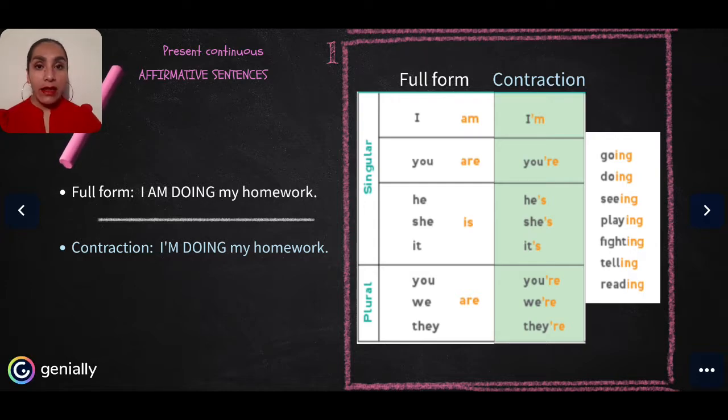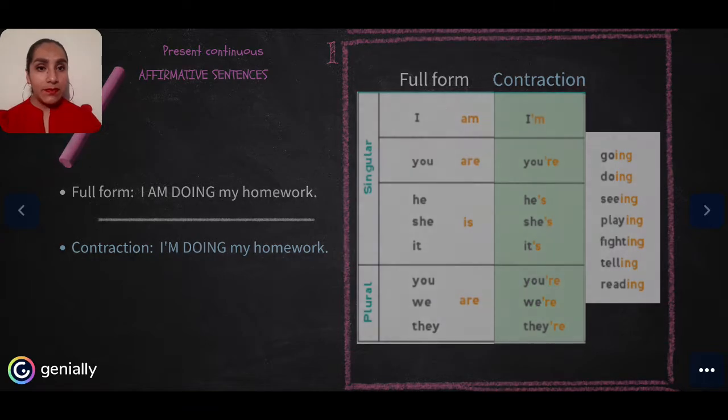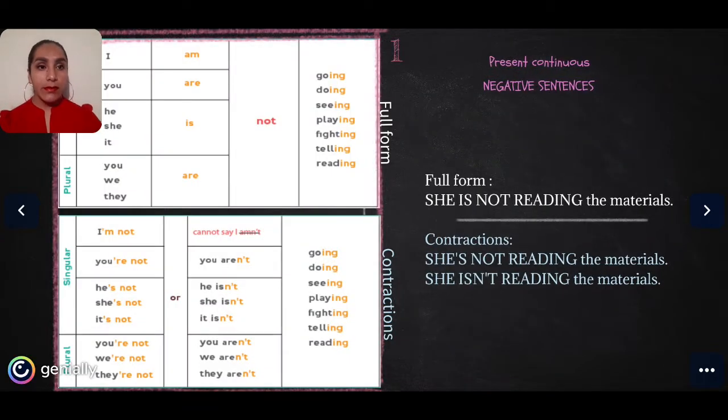Let's continue with the negative sentences. In the negative sentences, we're going to have two options to reduce the elements with contractions. So in the full form, we checked the previous week, we were using I am not doing my homework. Or like the example, she is not reading the materials.